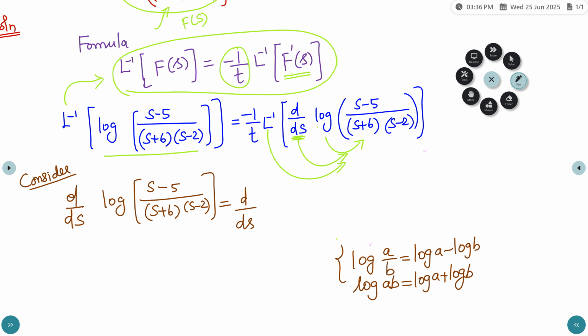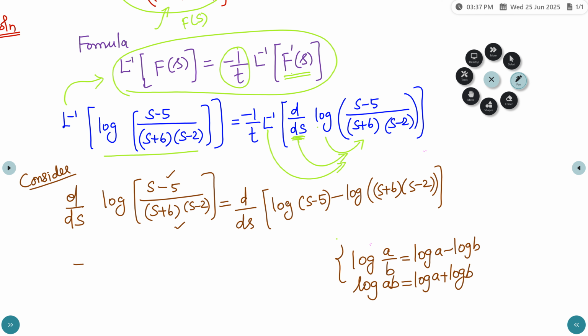So d by ds of, now log of a by b, how can we write? Log a, that is log of (s minus 5), minus log b, log of (s plus 6) into (s minus 2). So this is our first step.